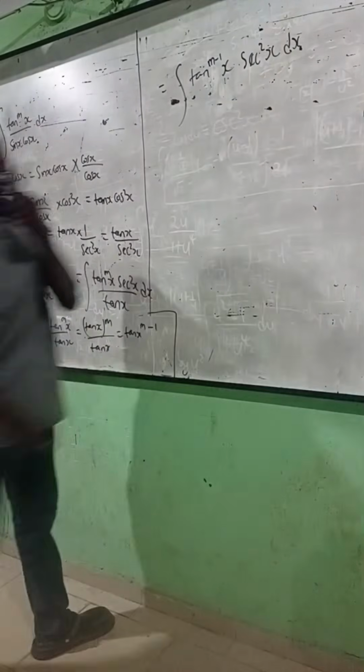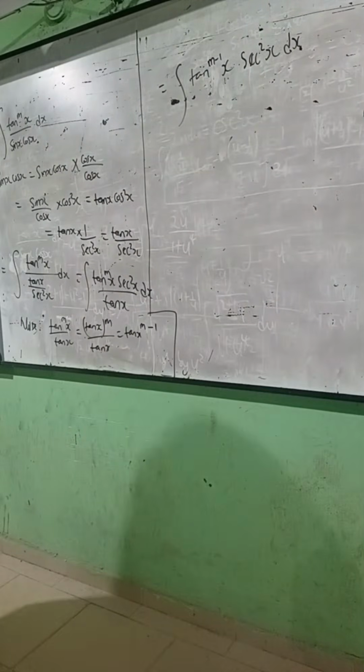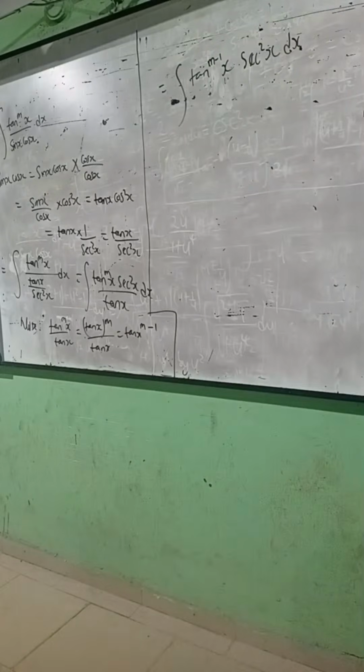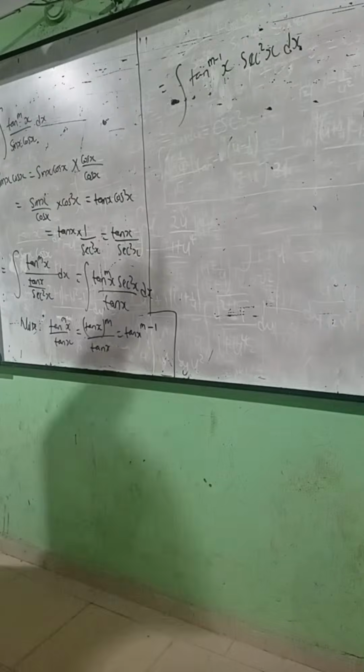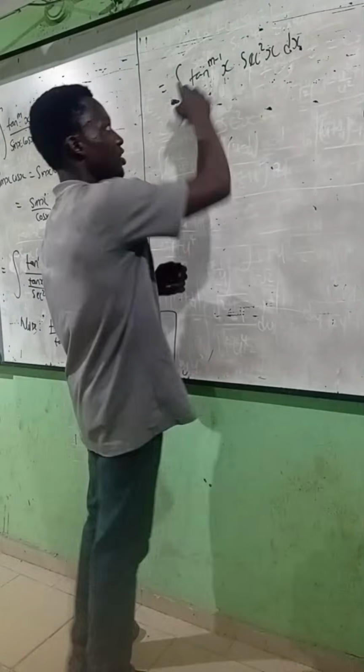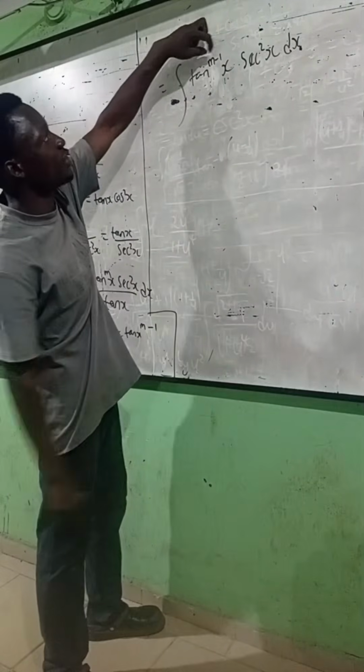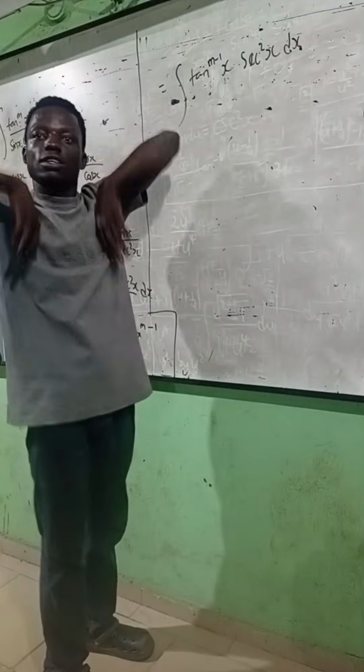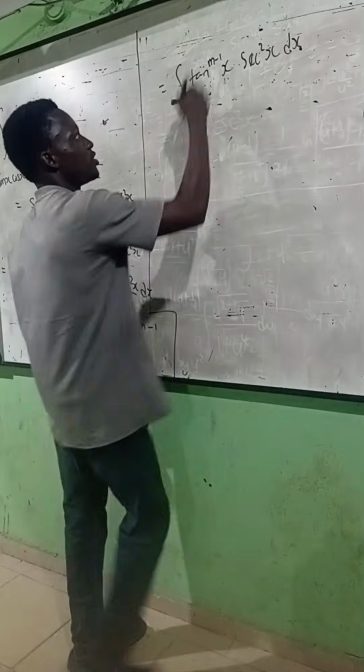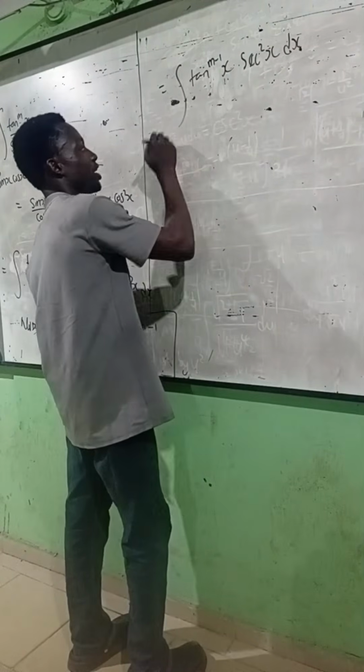Now, what should be my u now? What should be our u? Yeah, tan x. Don't forget that there is tan x here. This m minus 1 is just like a number. Do you get? So maybe we should just write it so that it can be clear.